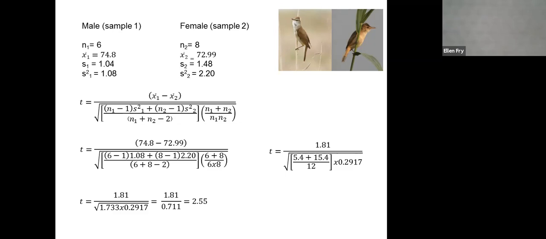And then you would subtract 1 degree of freedom for the male and 1 for the female. So 14 minus 2 is 12. The tabulated value when we look is 2.179 and our value is 2.55. So we accept the alternate hypothesis. The bird weights are different between female and male.